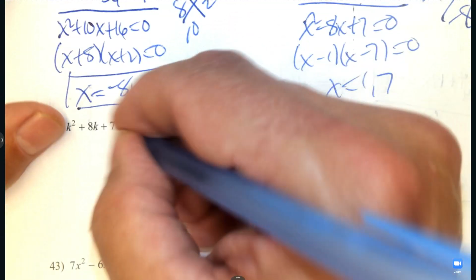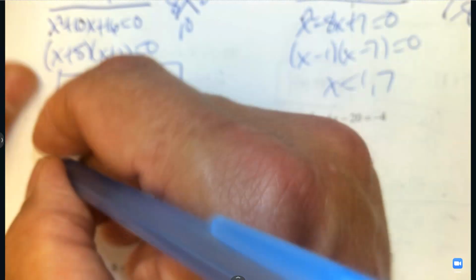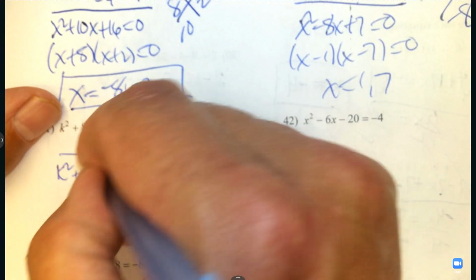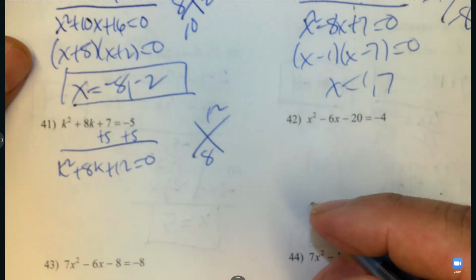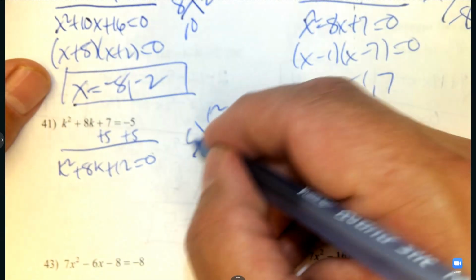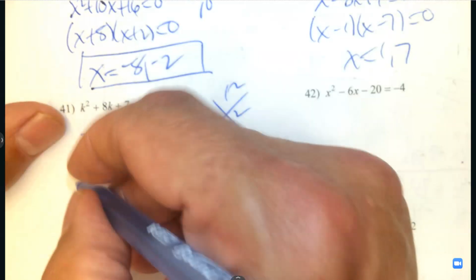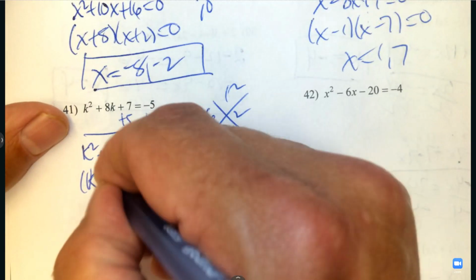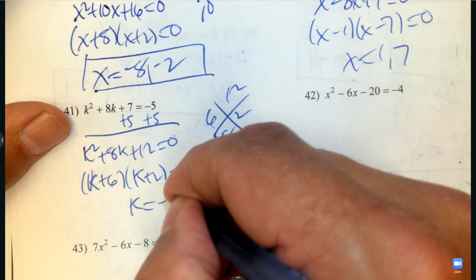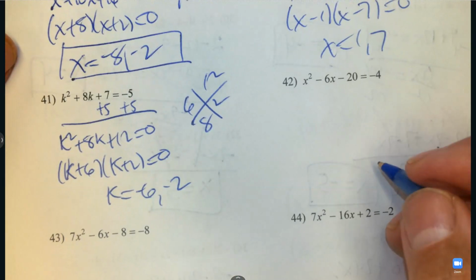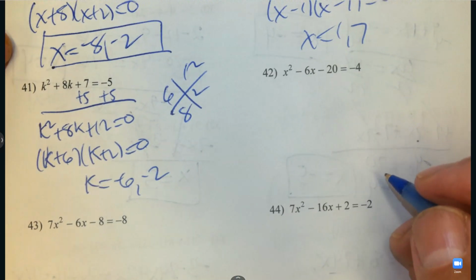Add 5. So we have 12 and 8. Two numbers that multiply to 12 and add to 8 are 6 and 2. The opposite numbers are your solutions, negative 6 and negative 2.